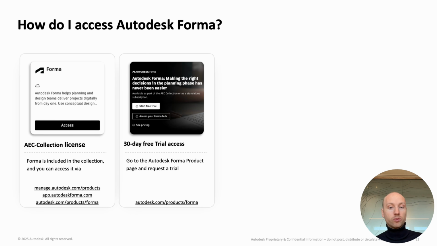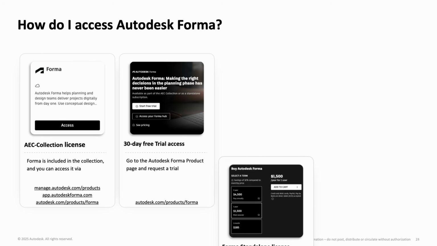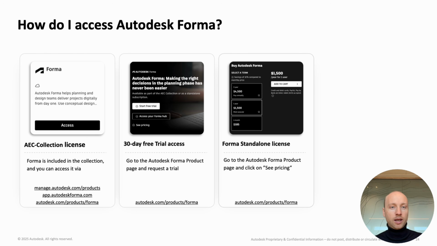If you don't, then there's also a 30-day free trial access that you can access through our product page. It gives you the full version, so it's everything. If you have tried the 30-day and you like it, then it's also possible to buy a standalone Forma license. And you can get that from going into the product page and then clicking on the See Pricing button, and you can follow our steps from there.